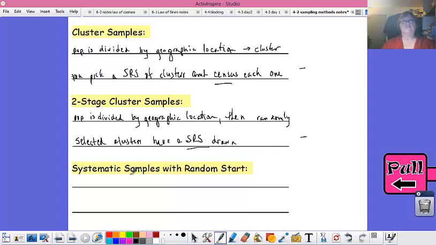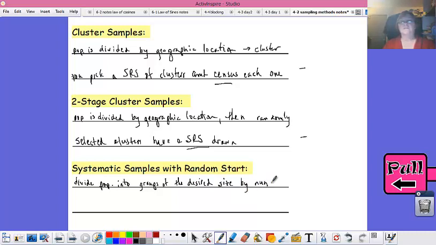The last of the types of sampling that we want to talk about today is called systematic samples with a random start. I've seen this defined in two ways, so I'll try and talk about both ways. You divide the population here as well, but you divide the population into groups of the desired sample size. You might do that by numbering off.